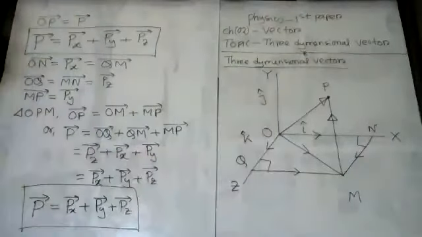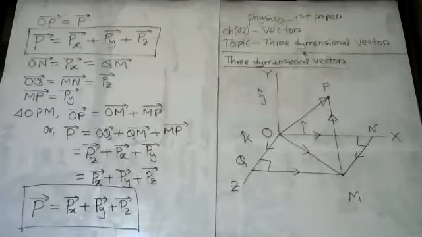So these i hat, j hat, k hat are called rectangular unit vectors in the Cartesian coordinate system. Now I'm going to find out the value of this vector with respect to its unit vectors. So let's see how I can convert this.